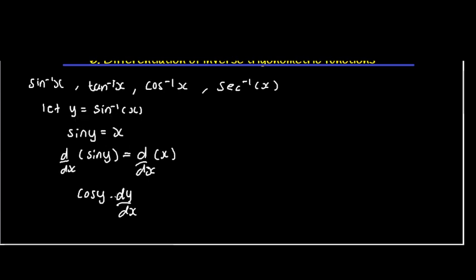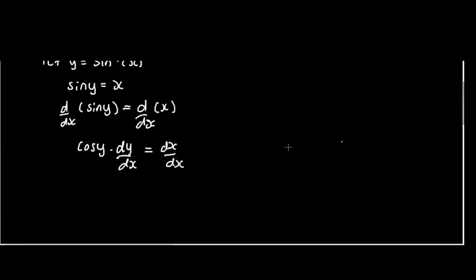You multiply through by the derivative of y with respect to x. This is the chain rule in simple terms. And this will equal dx over dx, which is 1. So we shall have cos y dy/dx being equal to 1, or dy/dx being equal to 1 divided by cos y, like that.